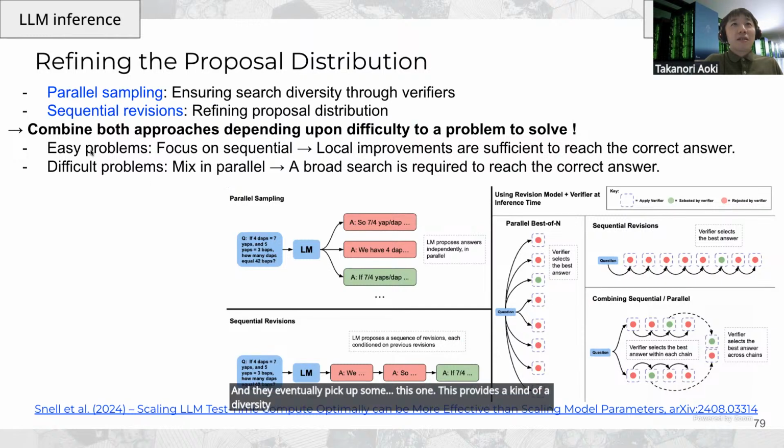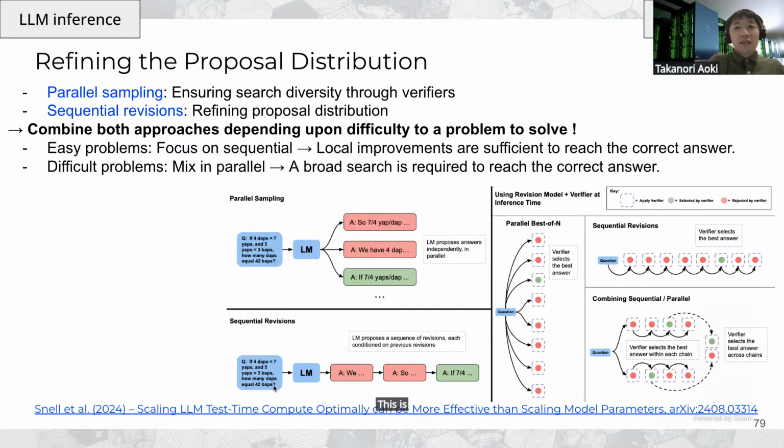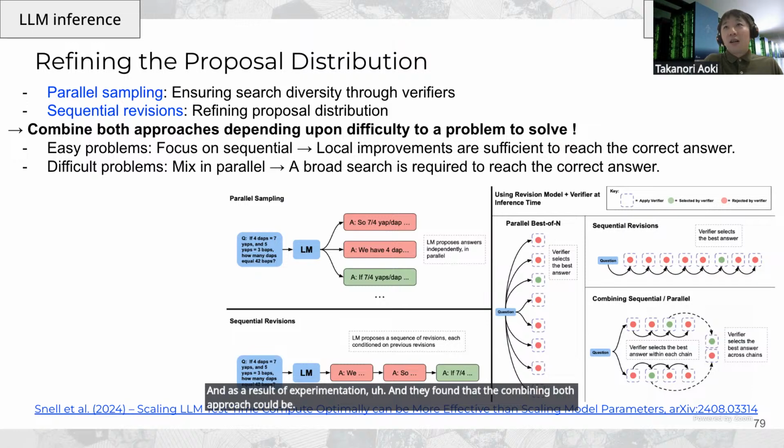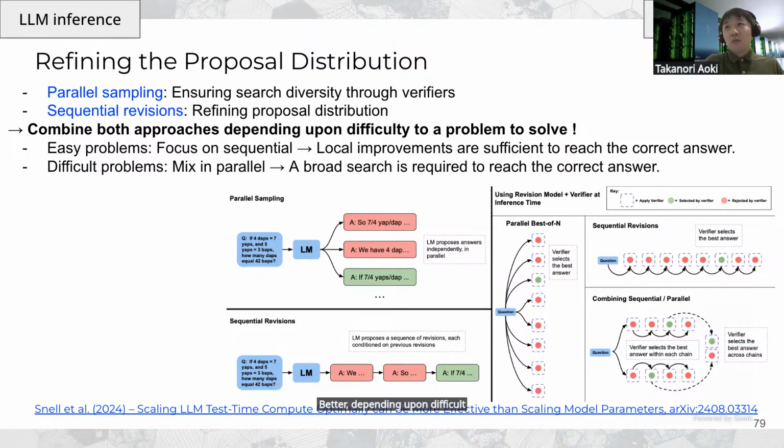And the second one is sequential revisions. So this is generating sequentially, but trying to modify the output through self-reflection, self-critique. And as a result of experimentation, they found that combining both approaches could be better depending upon the difficulty of the problem to solve.